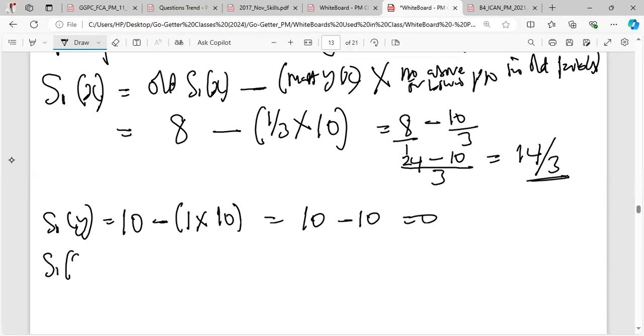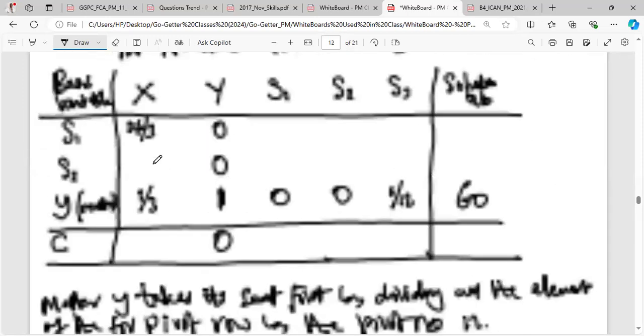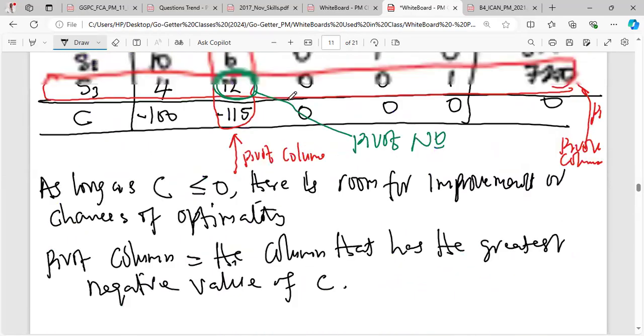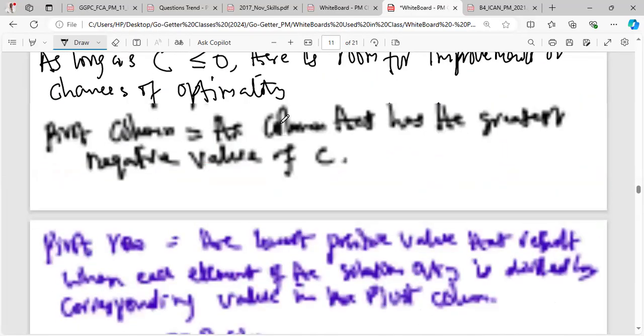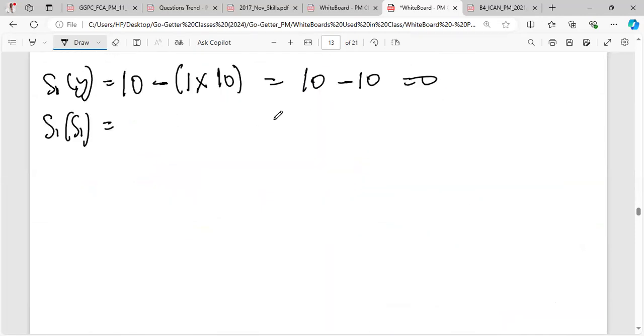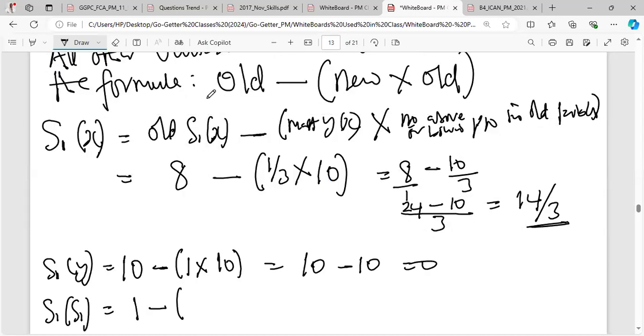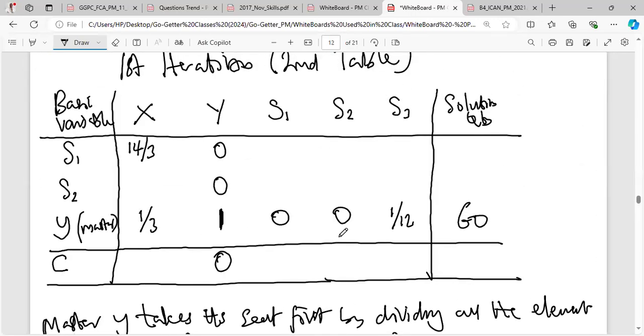Then we'll go to the next one, S1, S1. What is the old S1, S1? It's 1. So this is 1. 1 minus, what is the S1 under the pivot row of the master row?